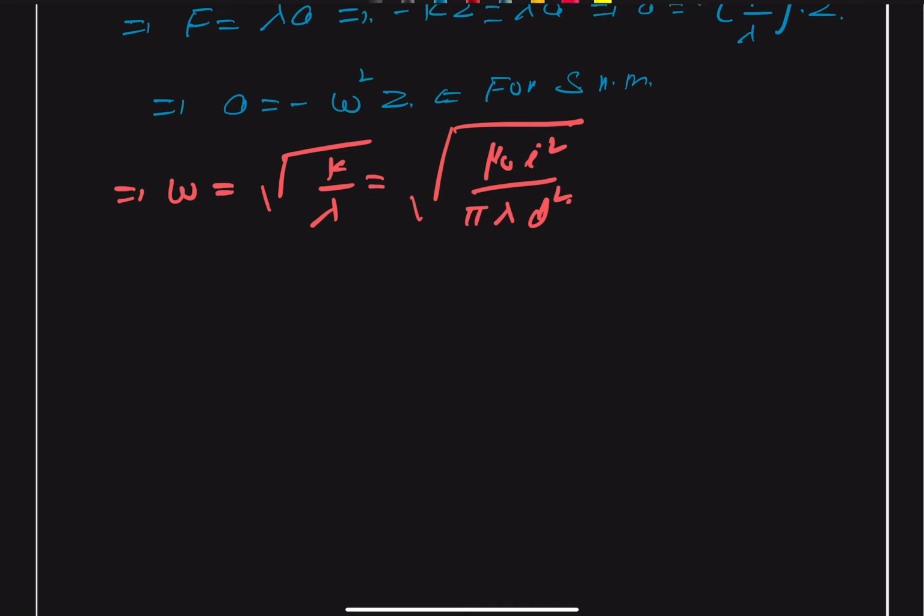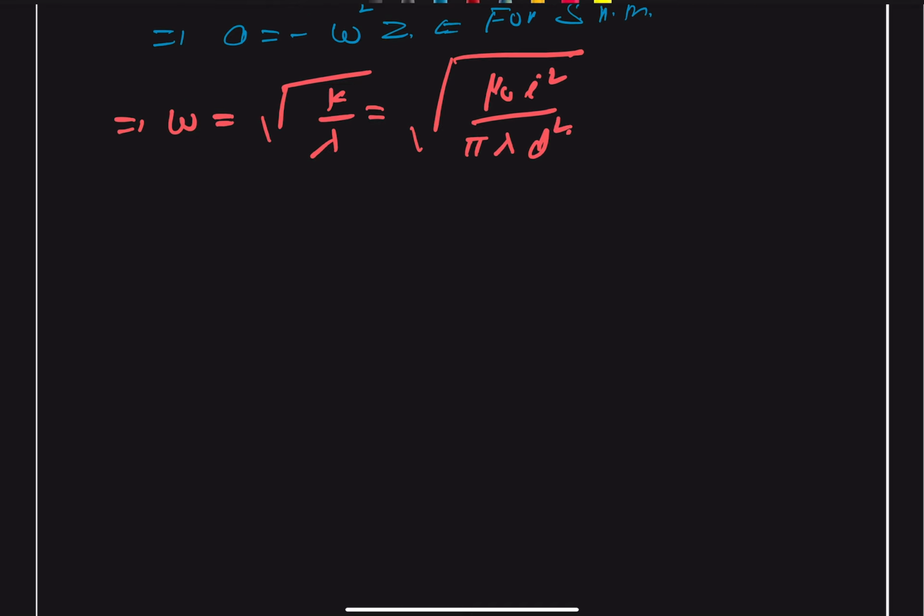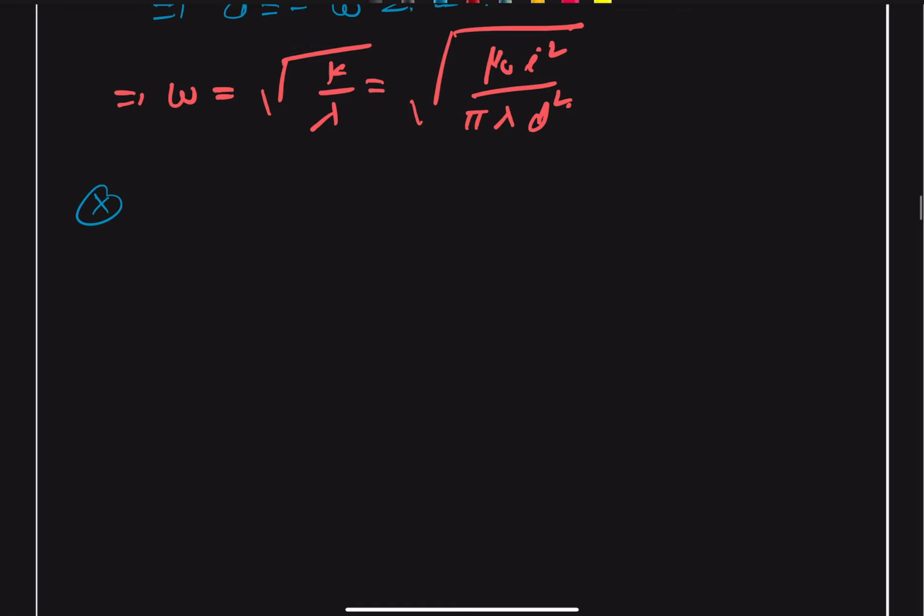And the frequency of oscillation, that is f, is equal to omega upon 2 pi.